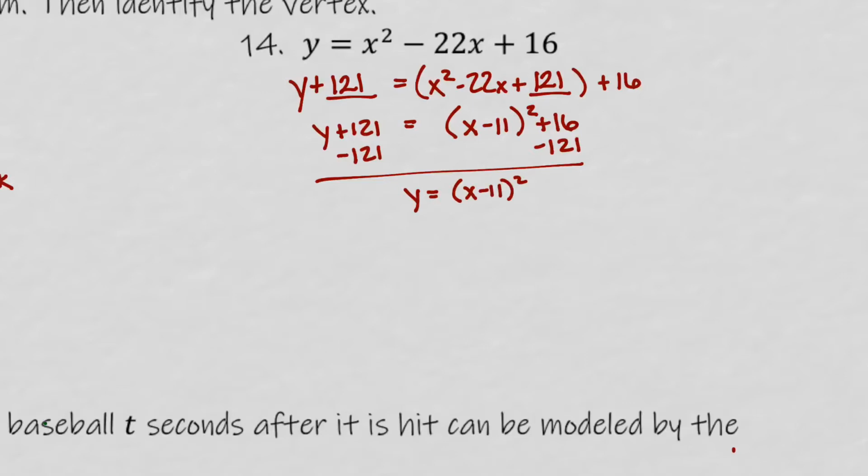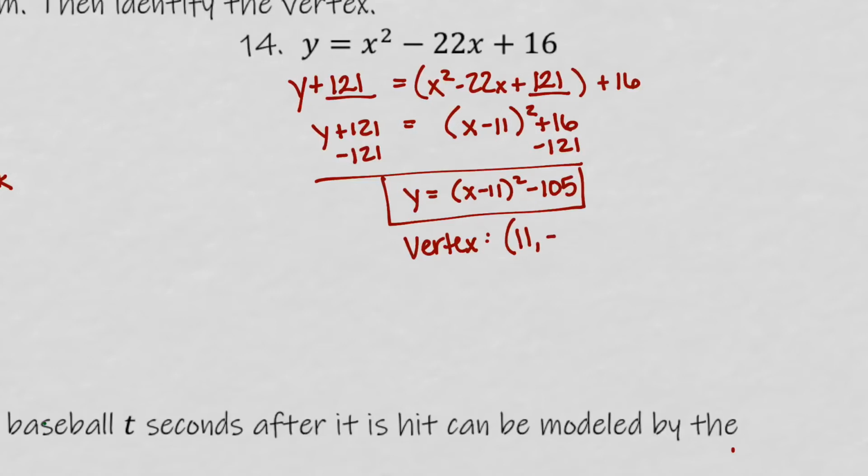Then I have 16 minus 121, so that's minus 105. So there's my quadratic in vertex form. And then therefore my vertex is (h, k). So we have a minus 11, so h is a positive 11, and k is a negative 105.